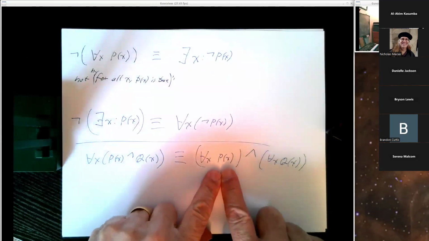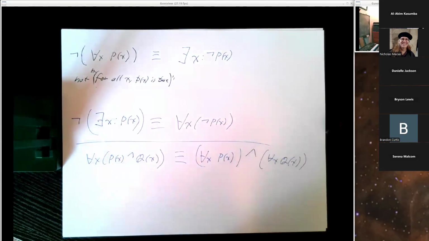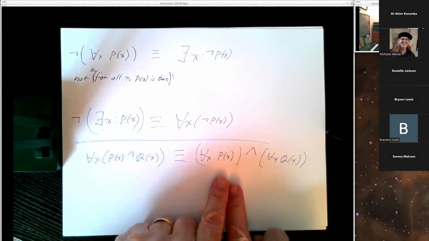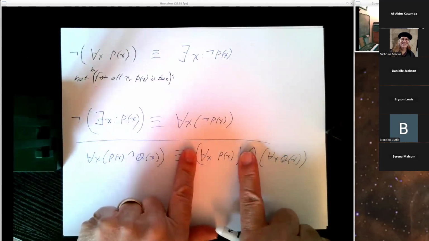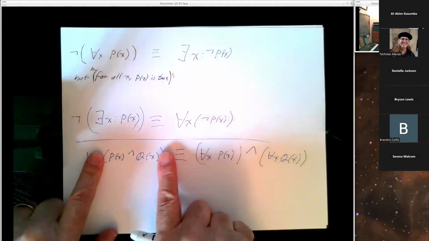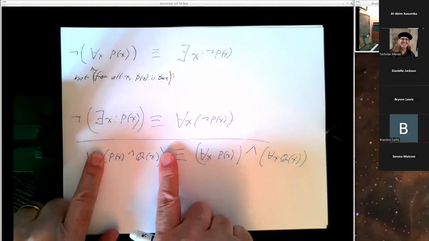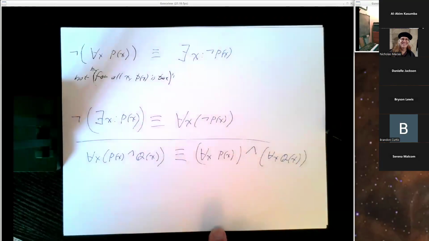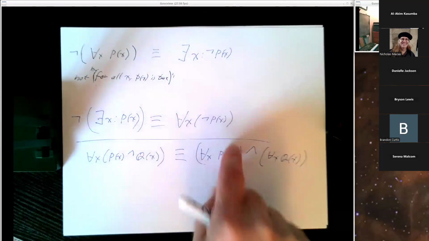So for all X, P is true, and also for all X, Q is true. So this implies that. And in the other direction, if I know for all X, P is true, and I know for all X, Q is true, then I know that for all X, P and Q together are true. The conjunction is true. So these are logically equivalent.